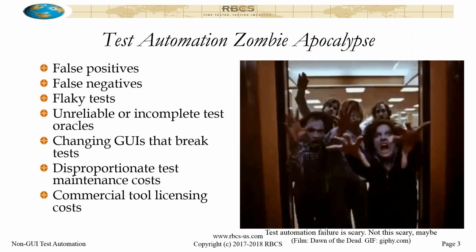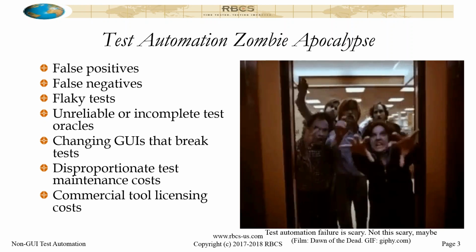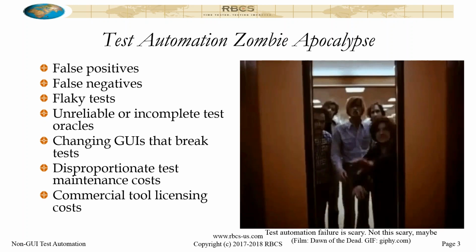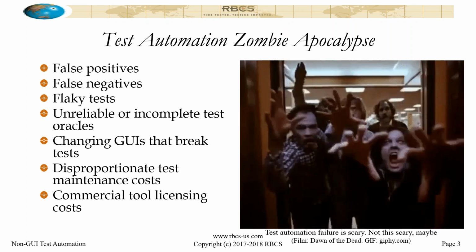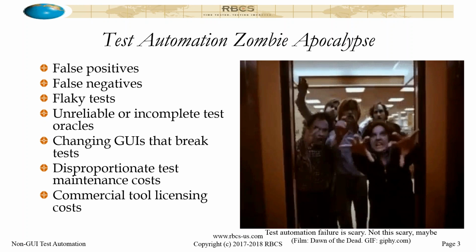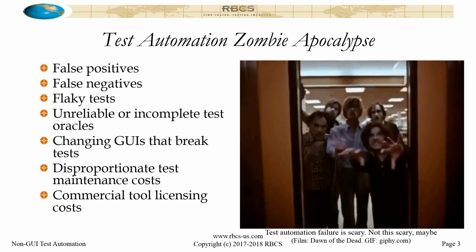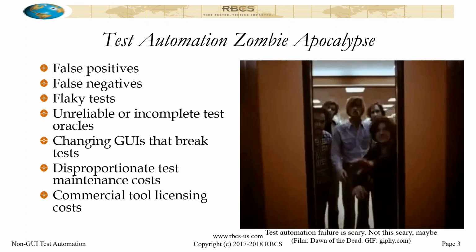Usually the symptom of this that I see when I go in and work with clients is that the client automation staff describes for me a situation where they spend most of their time doing maintenance of existing tests and very little time adding new tests.